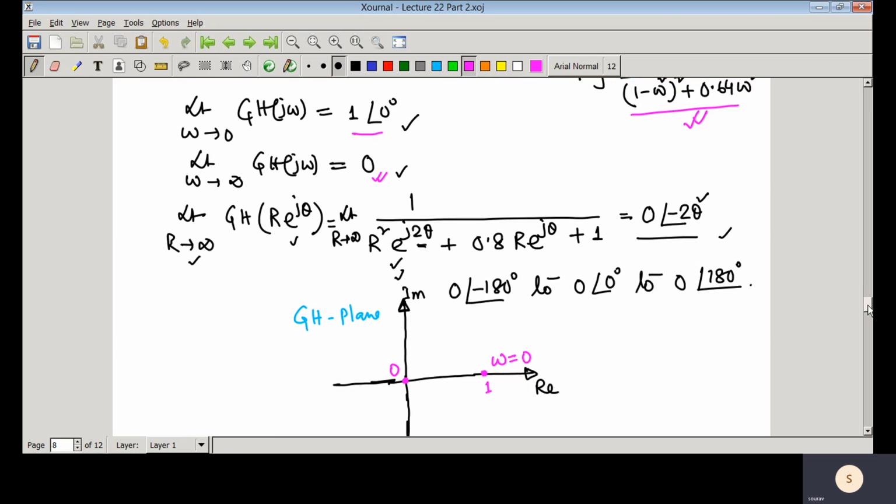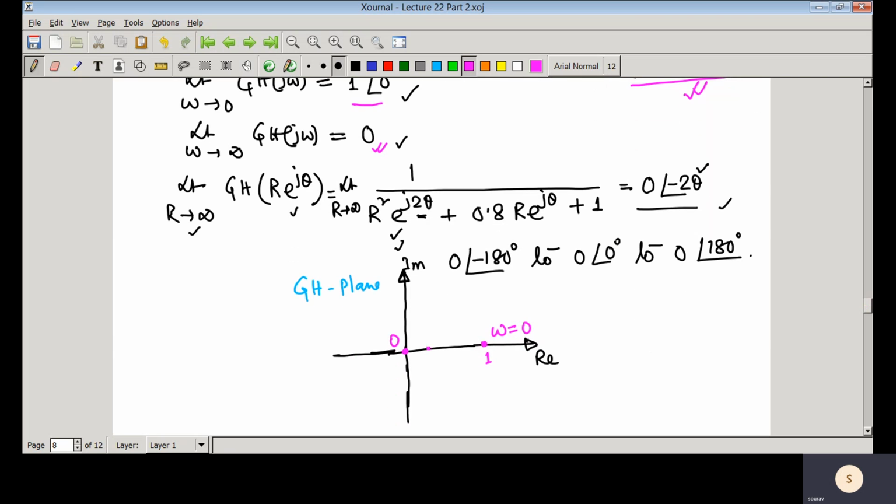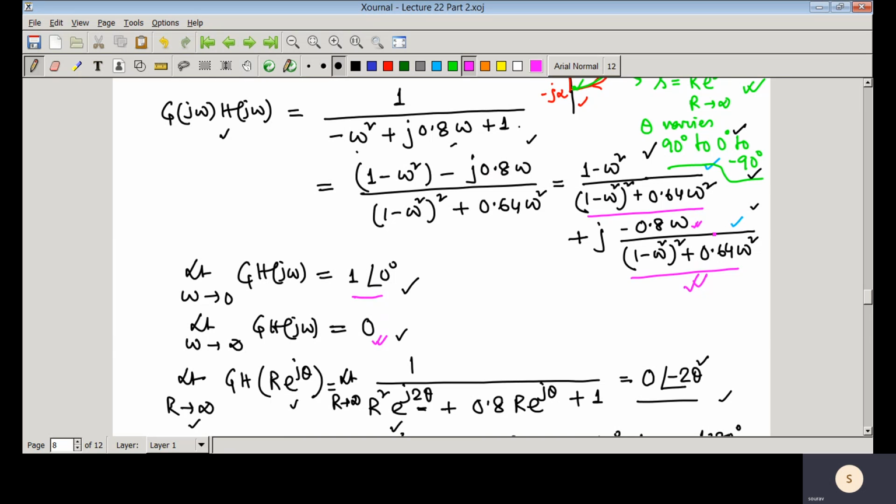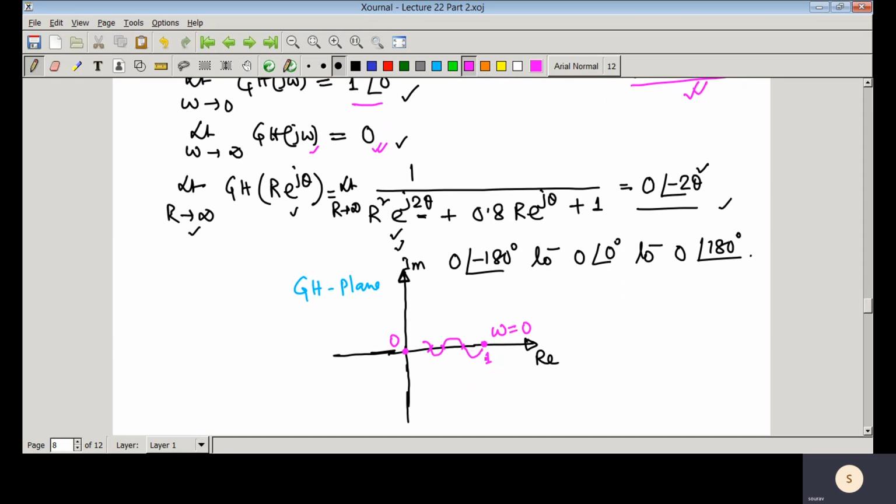Imaginary part equal to 0 means it is on the real axis. If this Nyquist plot came like this, there would be many frequencies at which the imaginary part would be equal to 0. But you can see here, the imaginary part equals 0 only when omega equal to 0 and omega equal to infinity. So there is no way of cutting this real axis at many frequencies, and this particular option is ruled out.